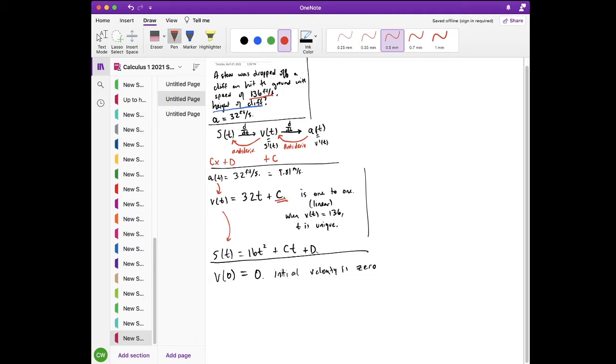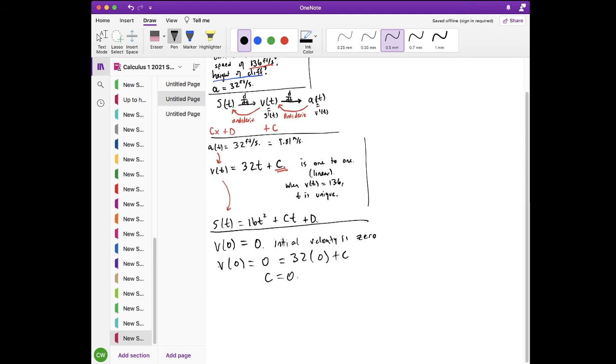Because we know that antiderivatives are unique up to a constant. So v of 0 is equal to 0, which is the initial velocity, and that equals 32 times 0 plus c. So that means c is equal to 0. This changes our position.